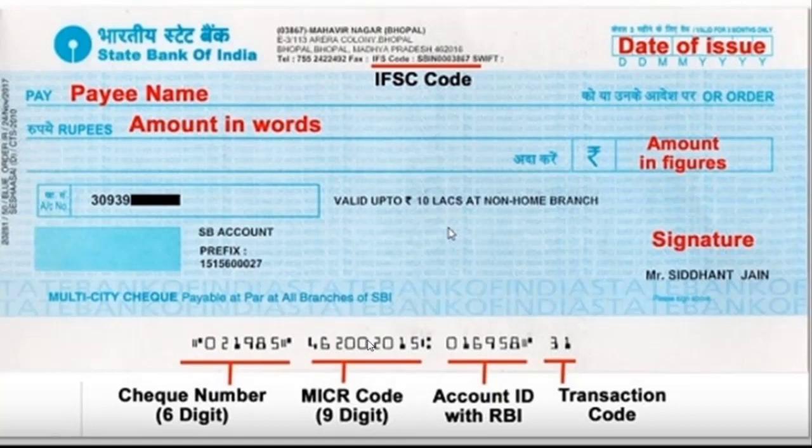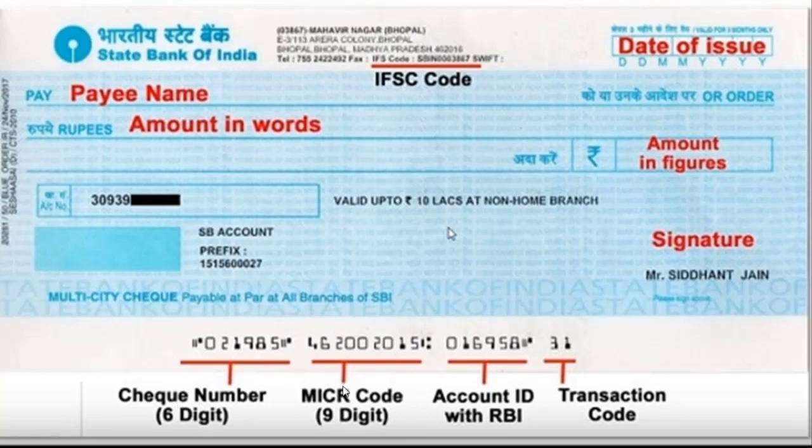At the end, various numbers we can see, and we all must know what these numbers represent. So at the bottom of the check, the 6 digits which are written in double inverted commas, it is the check number. So very first these 6 digits represent check number.